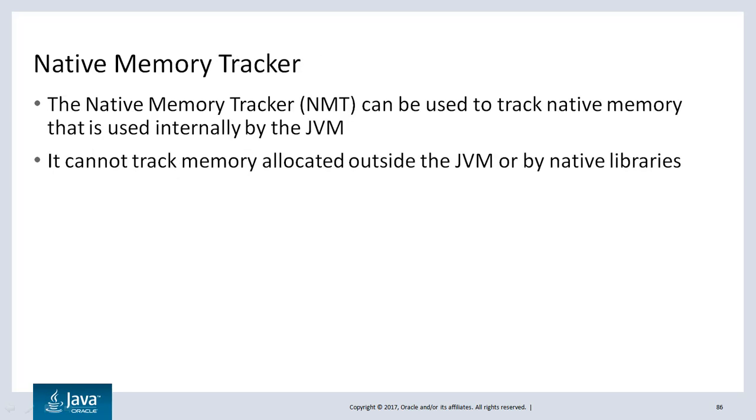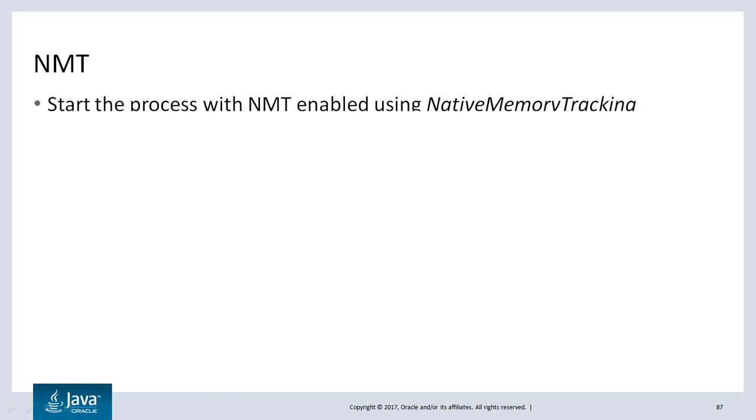The JVM has a powerful feature called native memory tracking that can be used to track native memory used internally by the JVM. Please note that it cannot track memory allocated outside the JVM or memory allocated by native libraries. To use NMT, we need to start the Java process with the JVM option NativeMemoryTracking that enables the memory tracker.